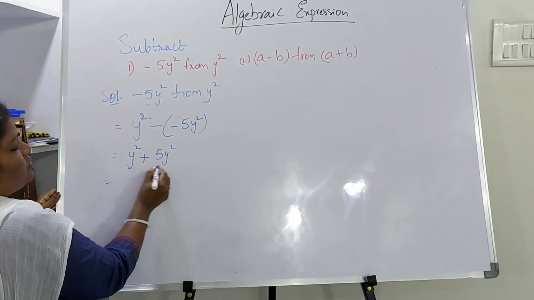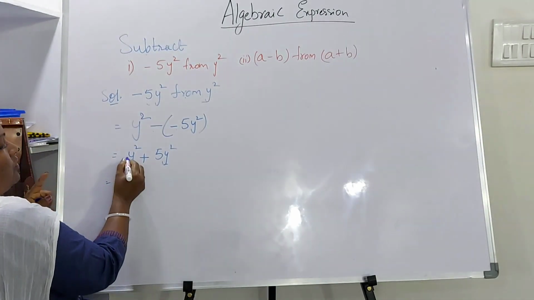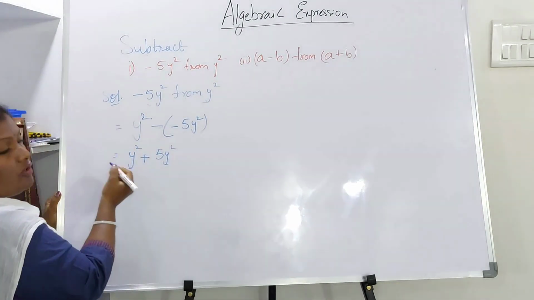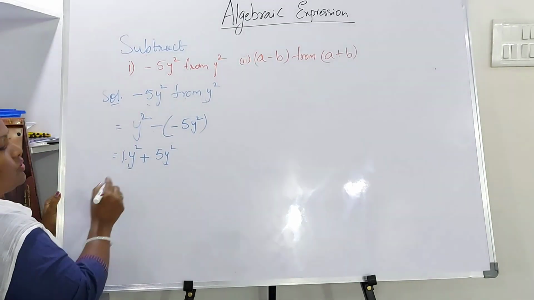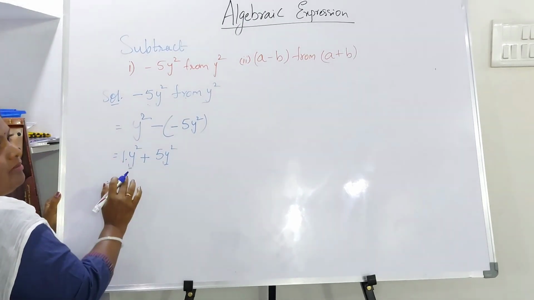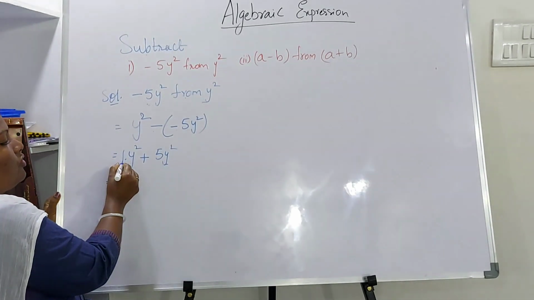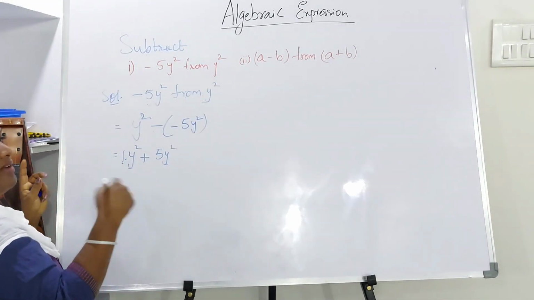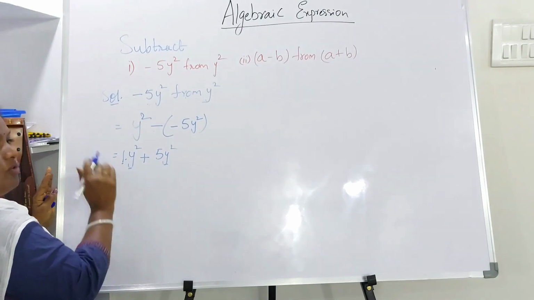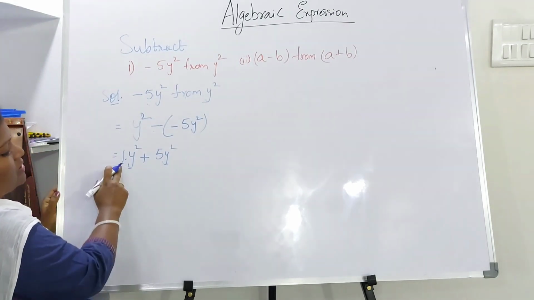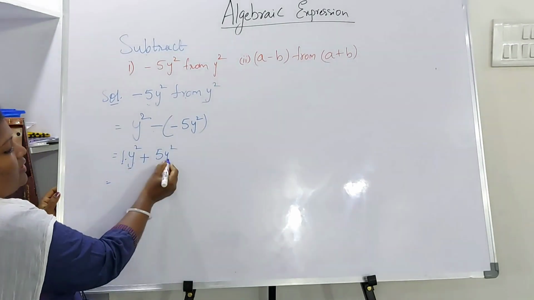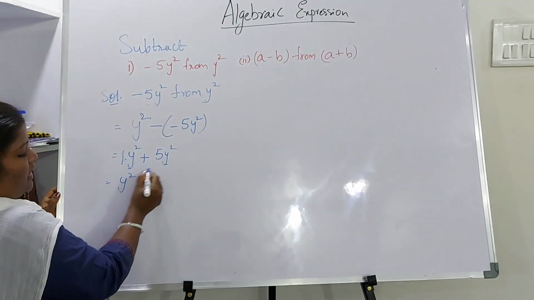So here y square is common. Here you don't have any coefficient of y square, that means you have 1. So always remember, any variable will have a coefficient of 1. If you have some other number, then that is the coefficient. But if you don't have one, that means the coefficient is 1. So y square is common, so take it out.